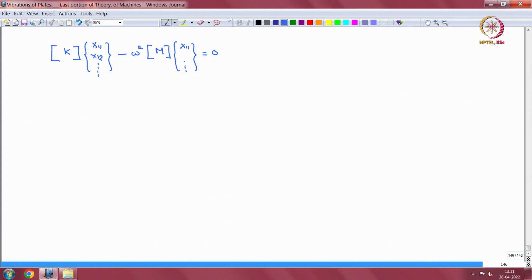Then you get a generalized eigenvalue problem, and find your omega square. Then you multiply by rho h a fourth by D and take a square root, that is your square root of lambda, which is listed in the paper.